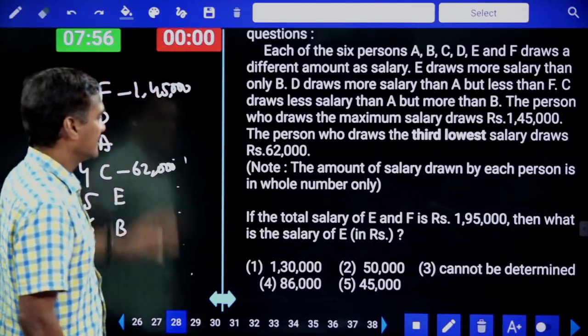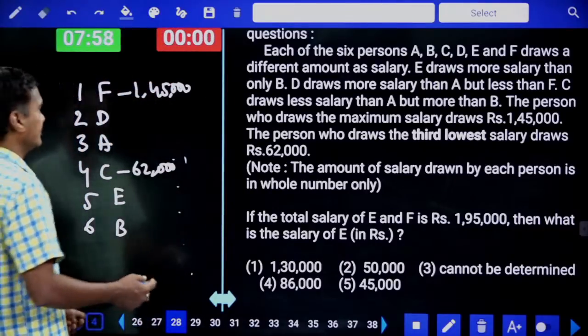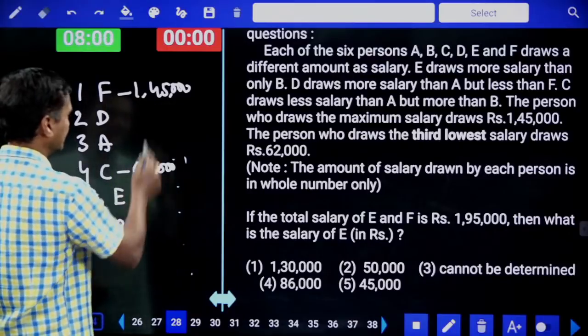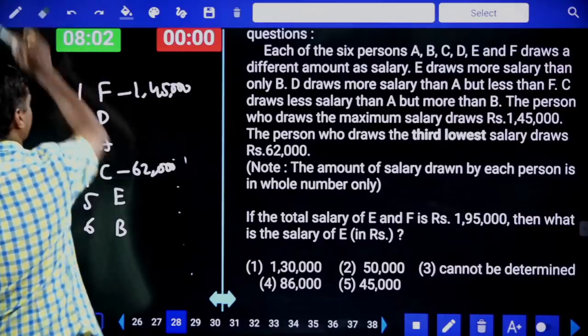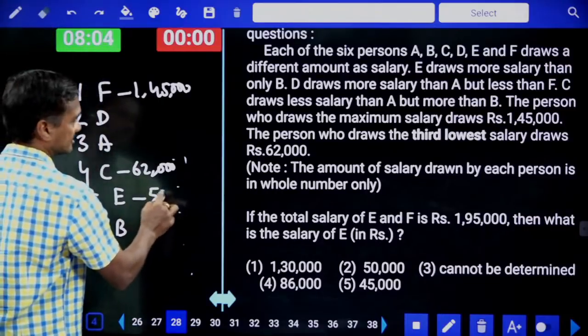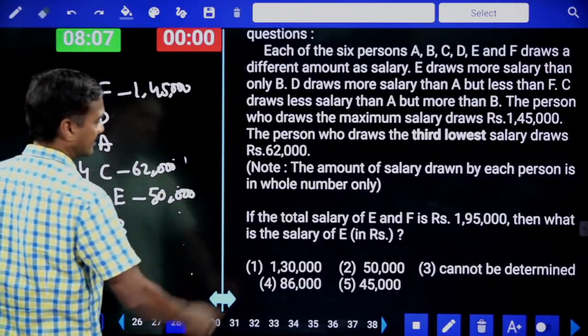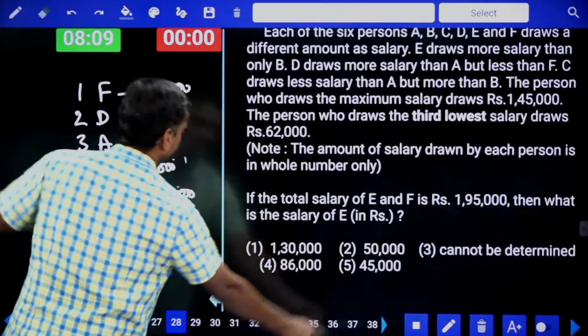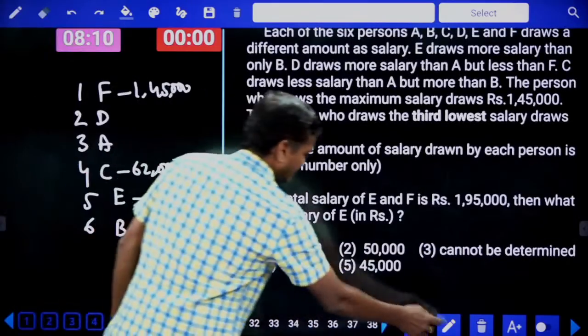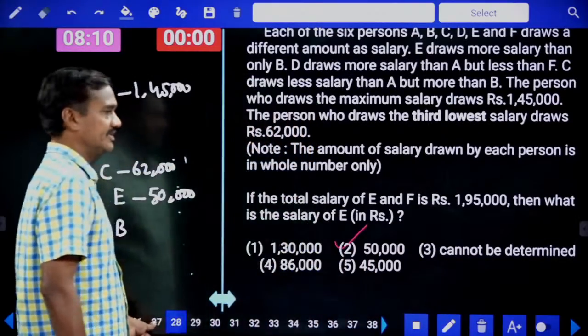Now the total salary of E and F is 1,95,000. F is 1,45,000, hence E must be the remaining, that is, how much is the remaining? 50,000. And this person must be 50,000. Then what is the salary of E? E's salary is 50,000, that is choice 2. Choice 2, question number 28.